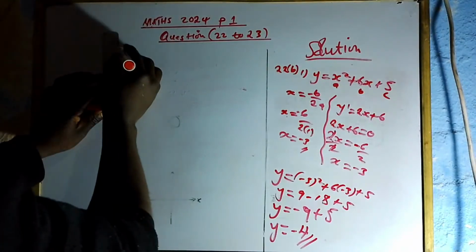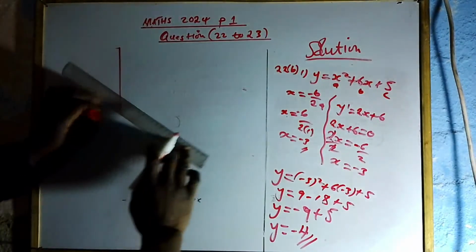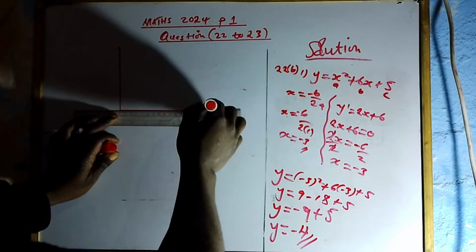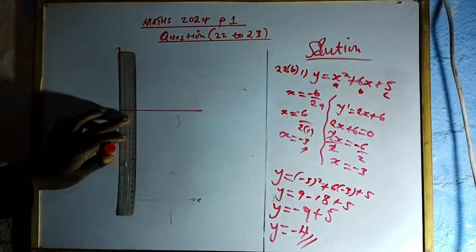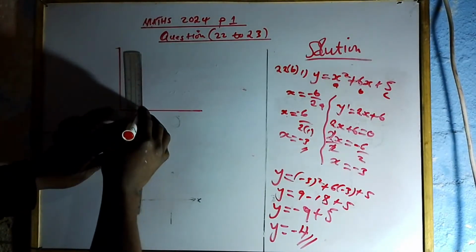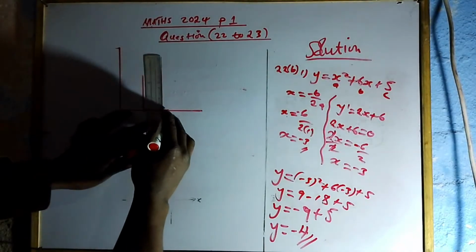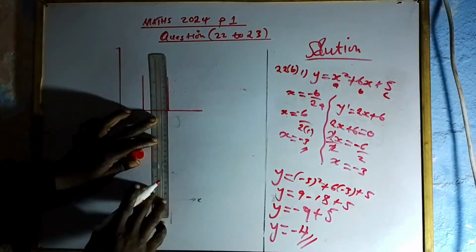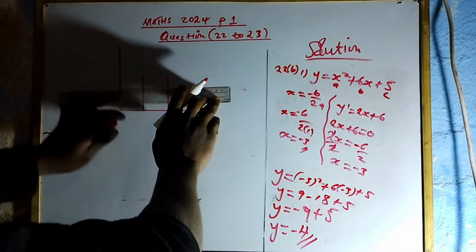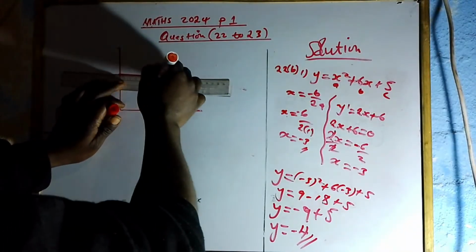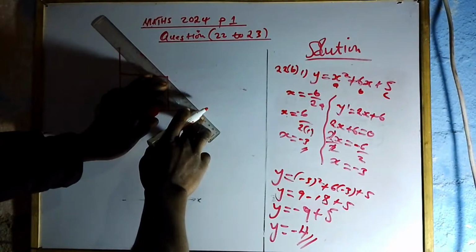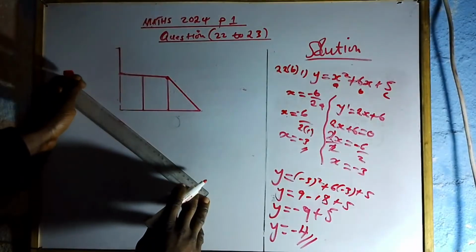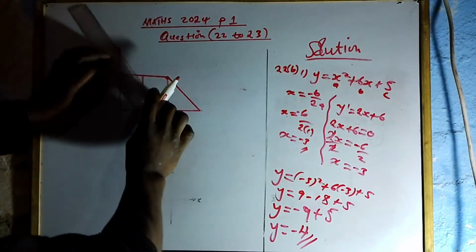It was like this. Because of space, that's why I'm doing part by part. So this is another question for speed time graph. Here it goes like this one.